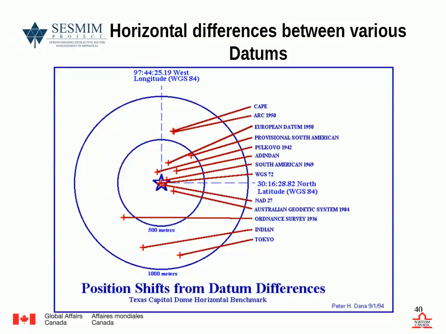What it means, and I've run into this in my work, is if somebody gives you a digital vector map of, say, a community, and they don't tell you what they used, maybe one of these, but they say here's the UTM for the zone, this is the vector map.